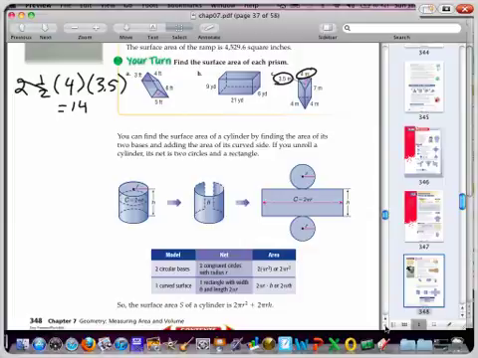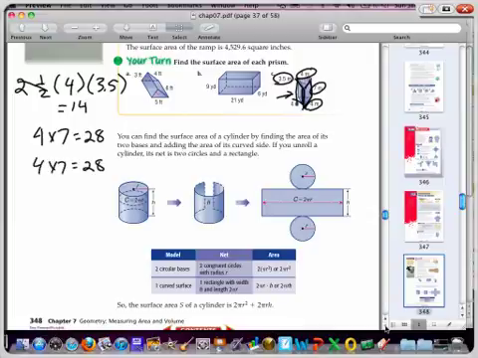And then I've got to figure out the edges here. This one right here looks like 4 and 7. Now that's pretty simple. 4 times 7 equals 28. And this one looks like it's probably an isosceles one, so this is the same over here. 4 times 7. And let's see, what do we got on the back side?